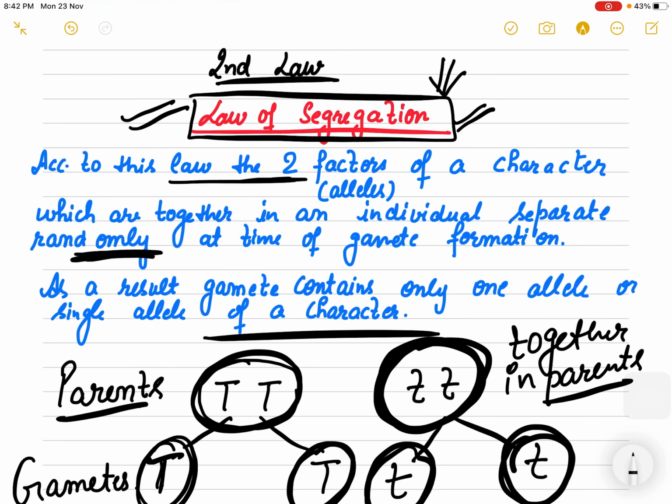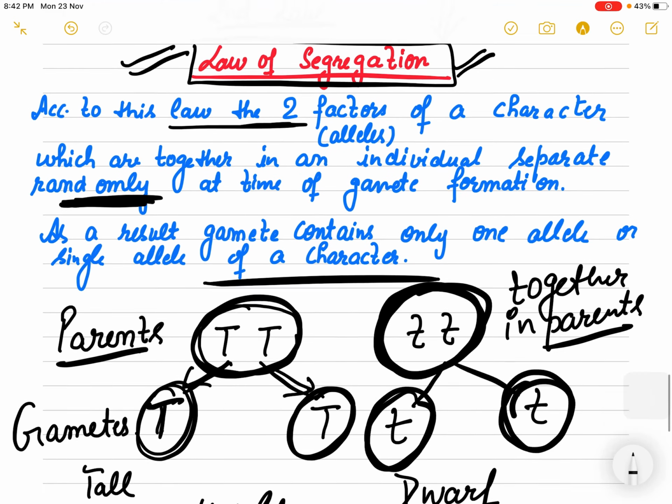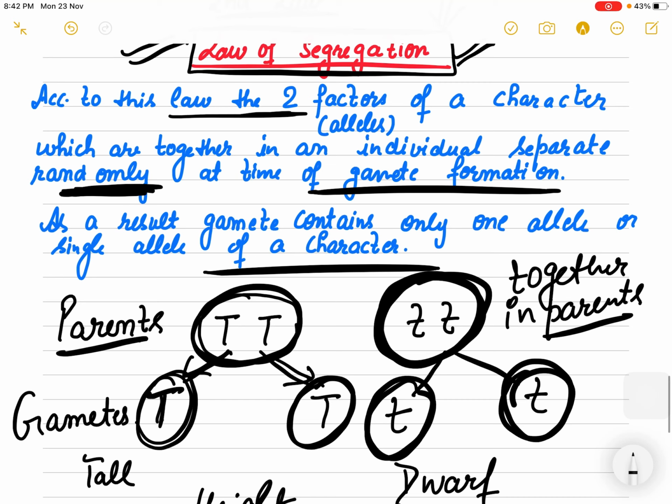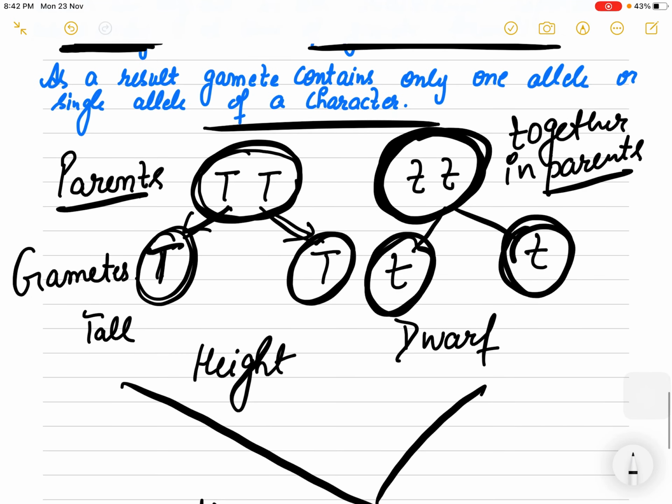Please understand this word: what you mean by law of segregation is that randomly these gametes get separated at the time of gamete formation. That is why when gametes are formed, only one allele of a character is present.